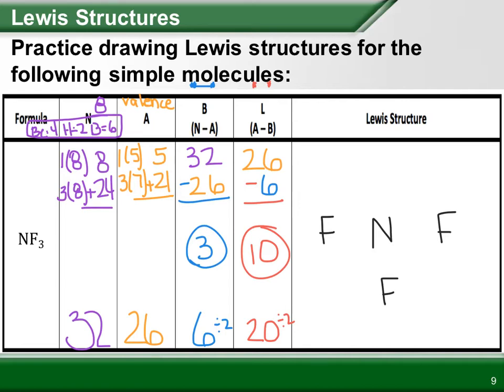The next step is to draw bonds connecting each atom to the center atom. So I've got a bond here, and a bond here. And remember, each bond represents 2 electrons. I count the number of bonds, 1, 2, 3, and I verify that that's the number I calculated.